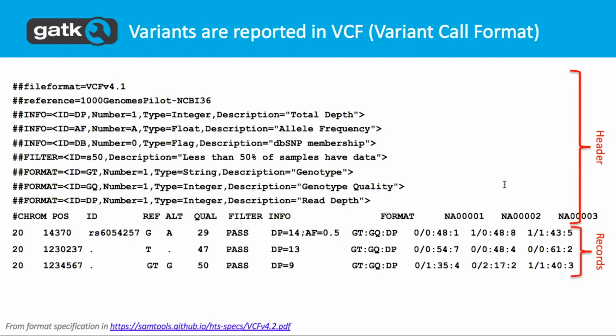We can also represent phasing information, if the variant was phased, so we know which variants came from which contig, in which case it will not be the slash, but a straight pipe.